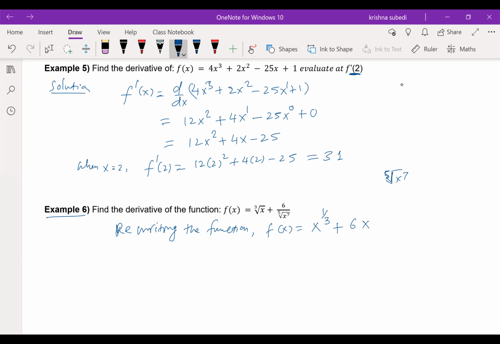The fifth root of x power 7 is actually x power 7 over 5, but because this is in the denominator, bringing it to the numerator, the sign will change. That will be negative 7 over 5.